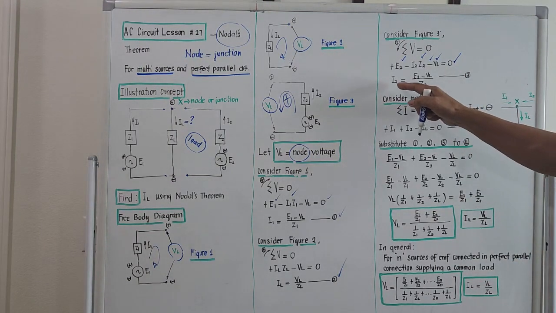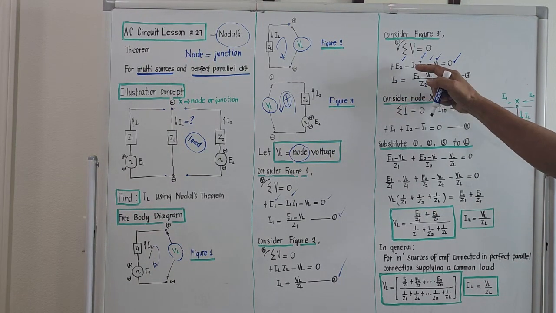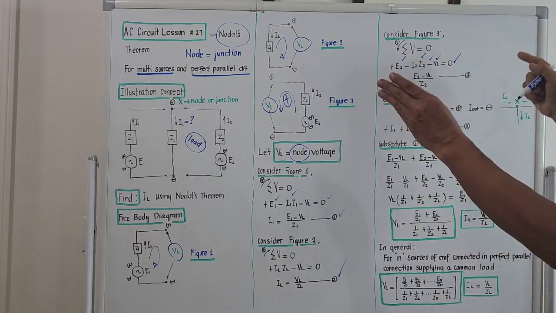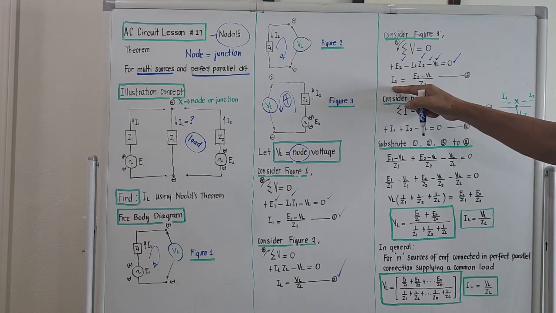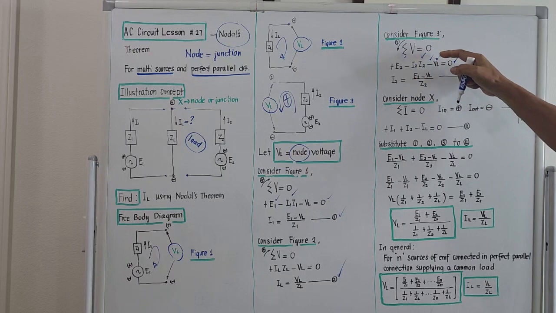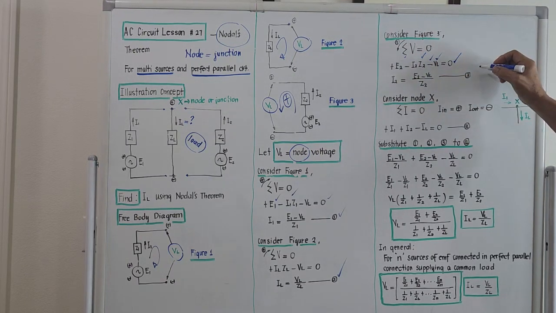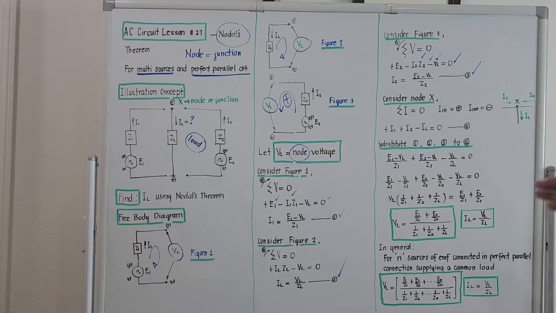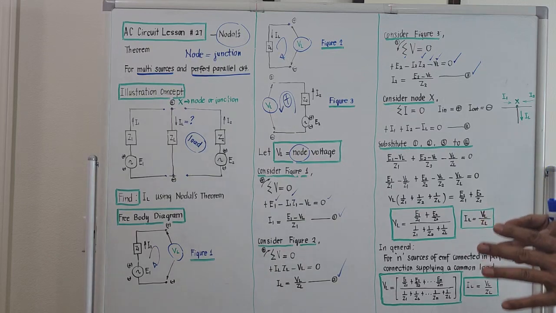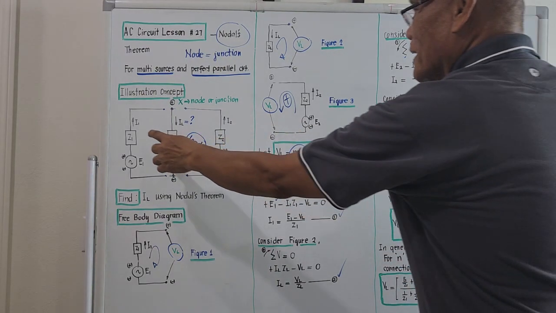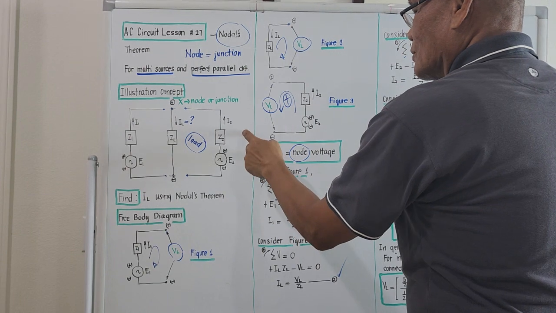If we compute for I sub 2, we transpose to the right, then rearrange. Therefore, I sub 2 will be E2 minus V sub L over C sub 2, and that will be equation number 3.